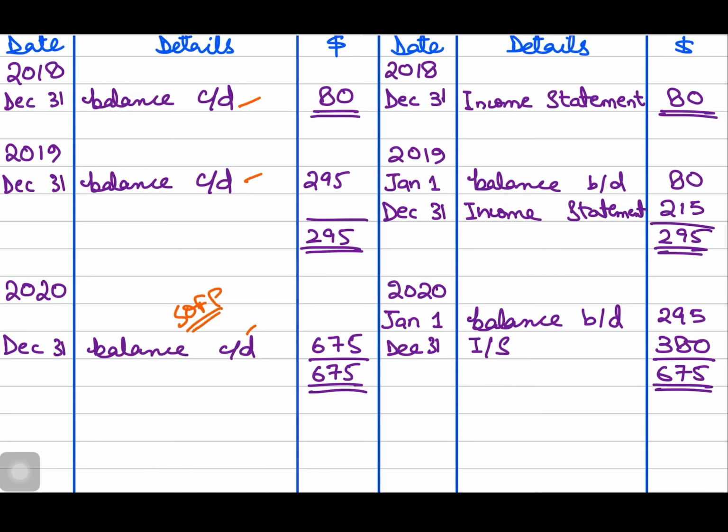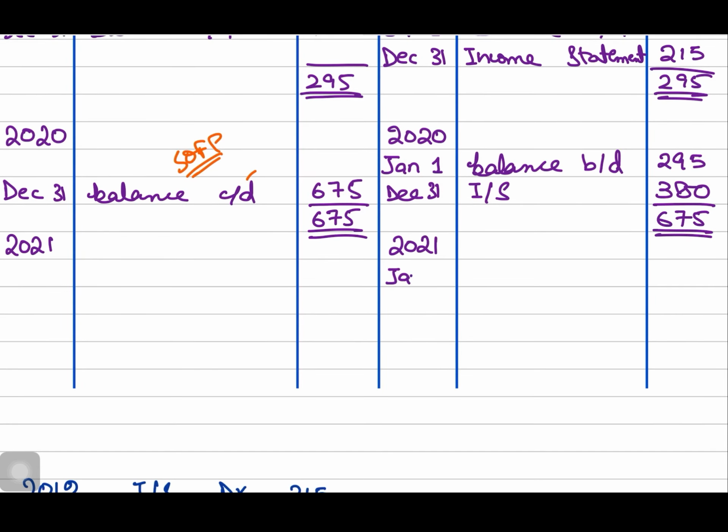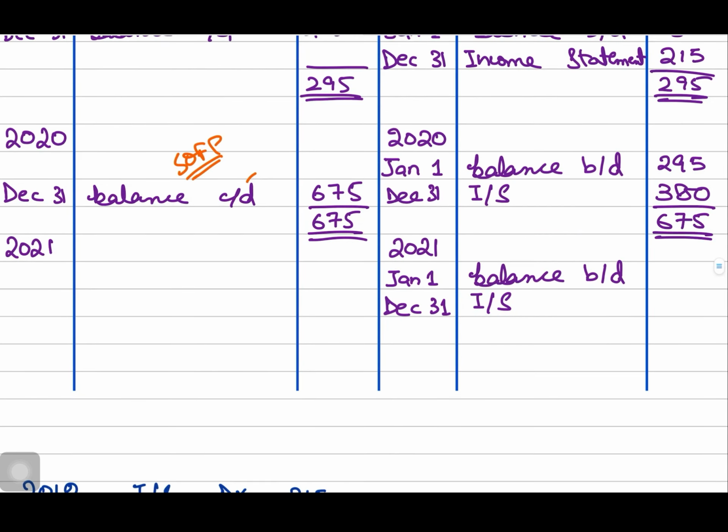Now we are standing in the last year, and that is year 2021. So again, what will be recorded in this year in the provision for depreciation account? Again the same things: the balance brought down coming from last year, the current year depreciation which will go in the income statement, and lastly the balance carried down figure, that is your accumulated depreciation.